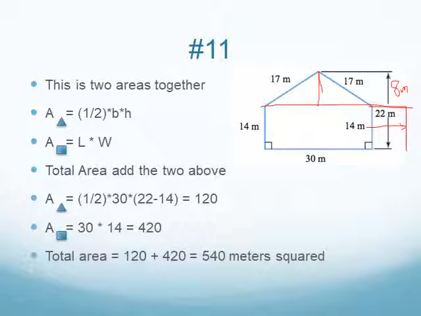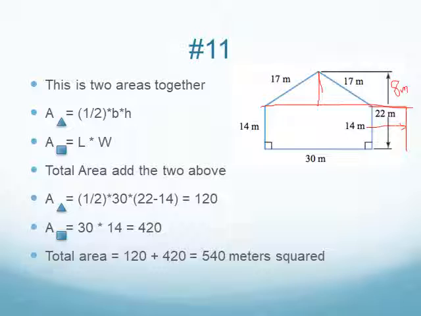So the total area would be taking the triangle and adding the area of the rectangle to it, right? First, let's find the triangle area, which is 1/2 times 30. Remember, the base is the entire bottom. And then I left it as 22 minus 14 in case some people weren't sure where I was getting that 8 from.